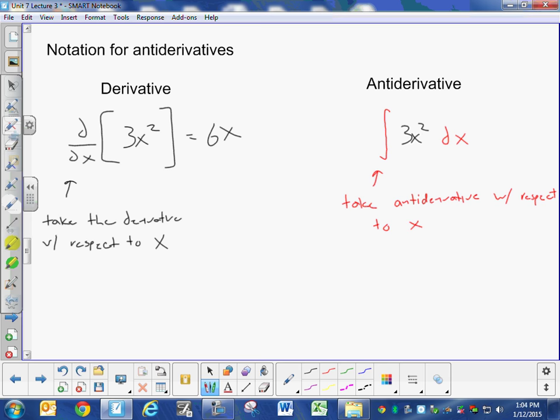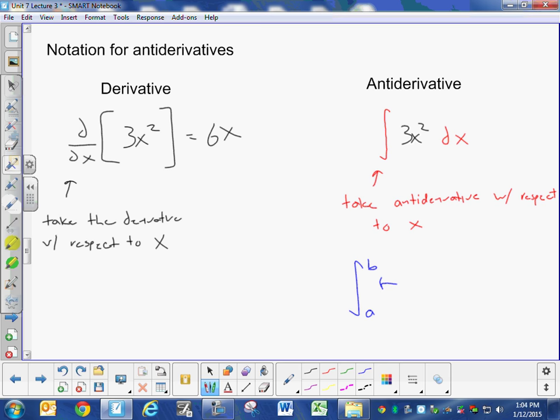This is confusing to a lot of students, and you really have to understand how this is different from this. These two things are different. This, in this situation, means take the antiderivative.